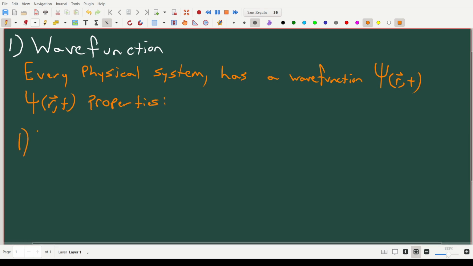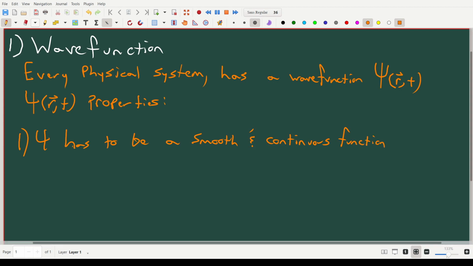First of all, and this is kind of a side effect, psi has to be a smooth and continuous function, which means that it doesn't have any discontinuities, and it also is differentiable. Smooth means that it doesn't have any jerks in it, so the derivative is defined at all positions.